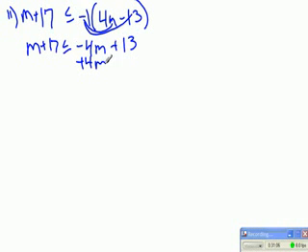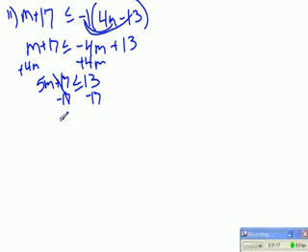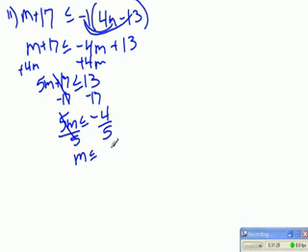Get all my m's together, so add 4m to both sides. Gives me 5m plus 17 is less than or equal to 13. Subtract 17. Those will cancel. 5m is less than or equal to negative 4. Divide by 5 to get m by itself. M is less than or equal to negative 4/5.